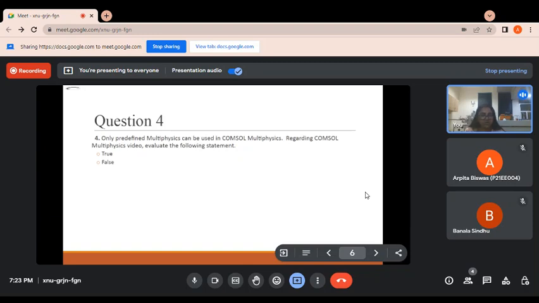Only predefined multiphysics, because we need to add some physics there, multiphysics there, whenever we go for the simulation process in COMSOL. So in that case, can only the predefined multiphysics be used, or can something else also be used?